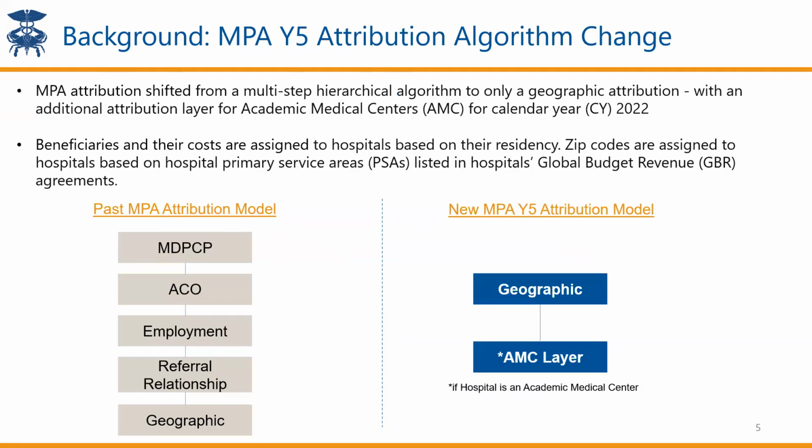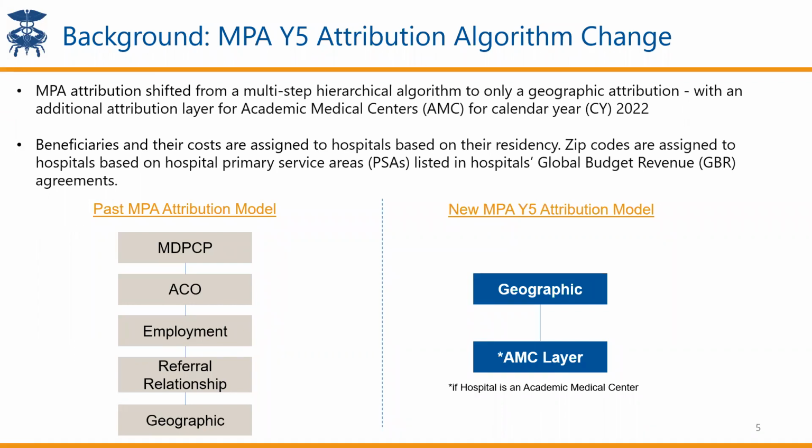I will talk about one piece of policy change that impacts the reports greatly, and that is the Year 5 attribution algorithm change. So the MPA attribution shifted from a multi-step algorithm to an only geographic approach, with an additional layer for academic medical centers for this calendar year 2022.